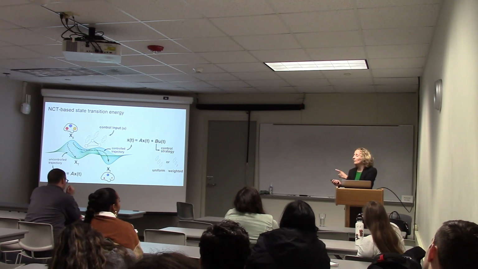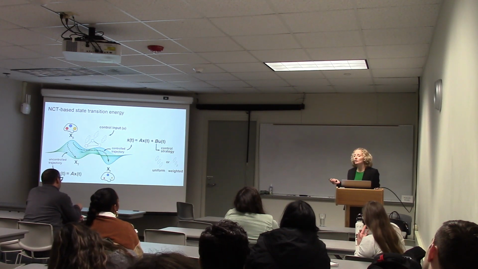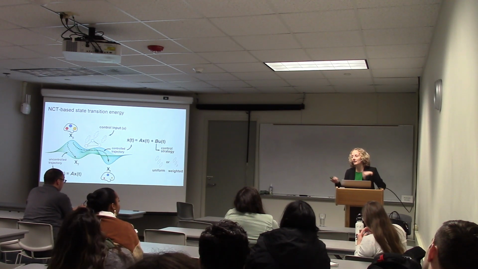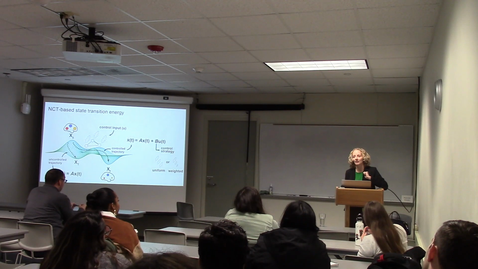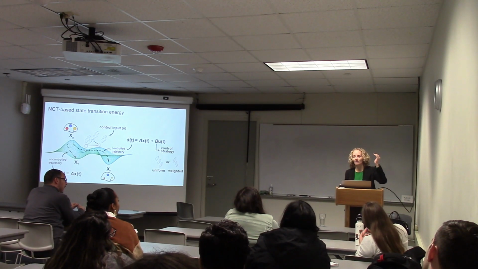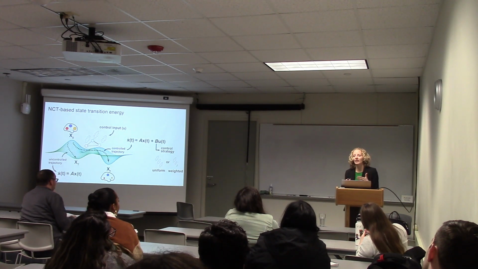Or I could be thinking in terms of B as injecting signal into the system with a TMS coil or something like that, where there's one region that I'm injecting the control through. So it depends on the type of thing that you're trying to model.